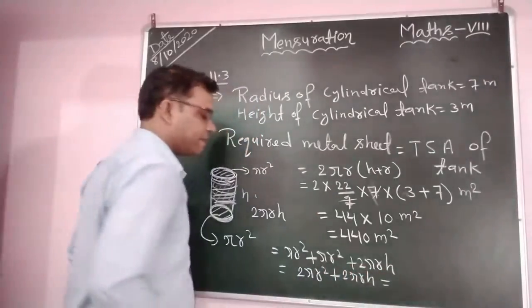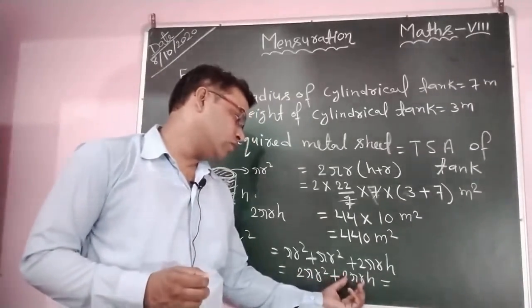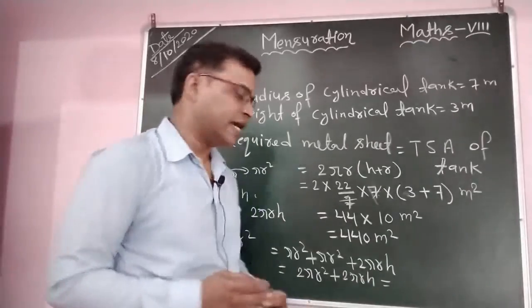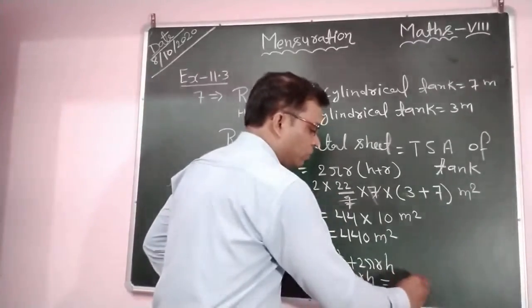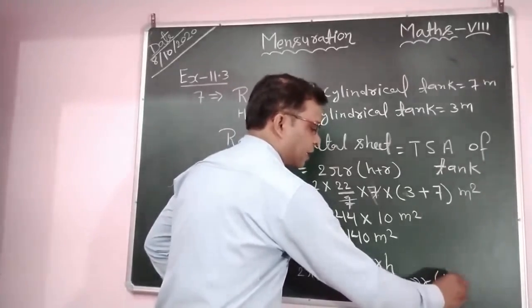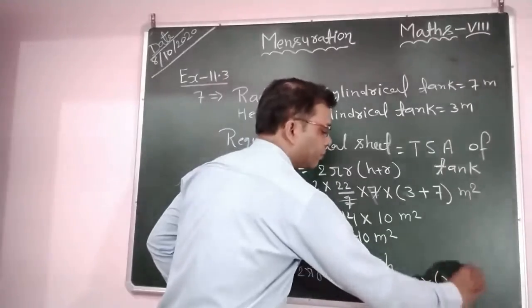If we take common from both, we obtain 2 pi r in both parts. So we take 2 pi r common, and we obtain 2 pi r in bracket h plus r, or you can say r plus h.